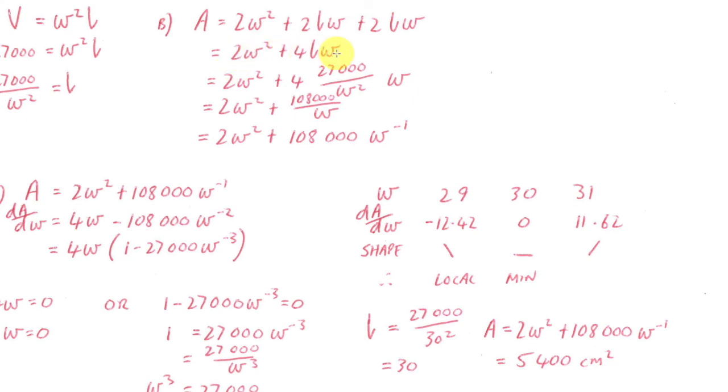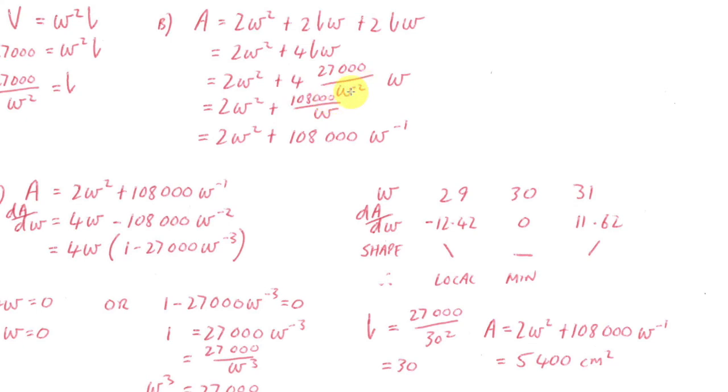Remember, we want the area to be expressed with only one variable. At the moment, at this line here, we have two variables, L and W. But from A, we know that L is equivalent to that. So let's rewrite it so that instead of containing L, we've got 27,000 over W squared. That's what we've done here. So I have 2W squared plus 4 times 27,000 gives me 108,000.